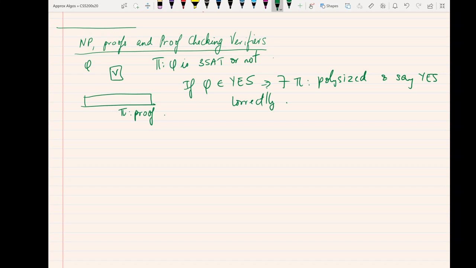So correct formulas come with a proof. In this case, if it's a 3-SAT formula, for instance, then the proof is just the assignment of 0, 1 values to the variables involved in phi. And similarly, if phi was a no instance, then whatever proof might come across, the verifier will have to say no.